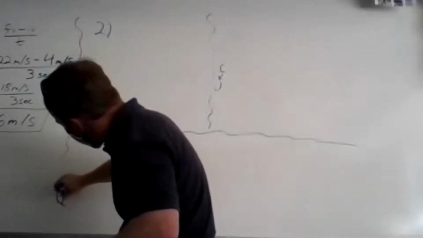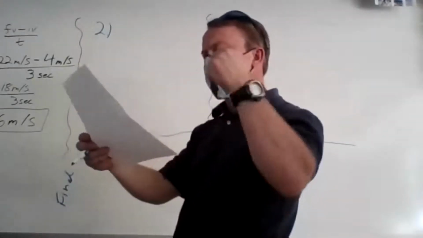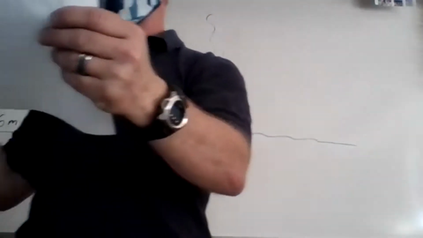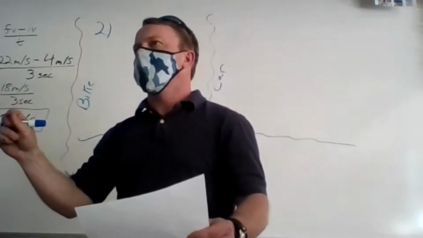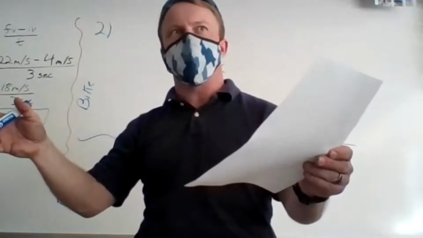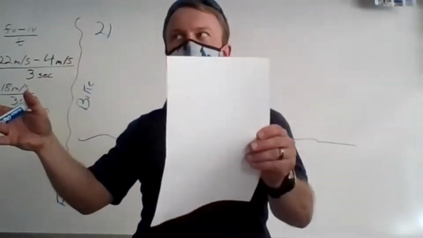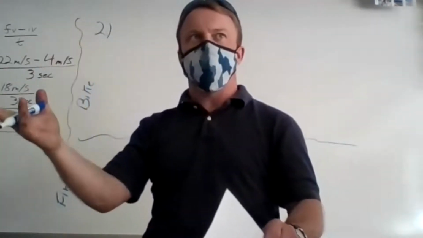For the bike, a bicyclist accelerates from 0 meters per second to 8 meters per second in 3 seconds. So do we have everything that we need to figure out acceleration? 0 to 8 in 3 seconds. Is that initial, final, and time?